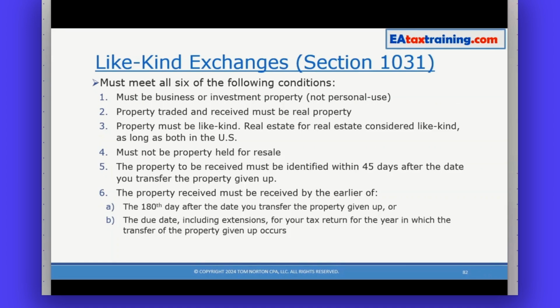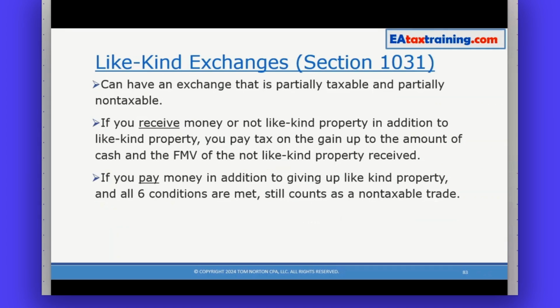So just remember that. Has to be identified within 45 days, has to be received within 180 days, or the due date of the tax return if that is earlier. So like-kind exchange has to meet all of those criteria.